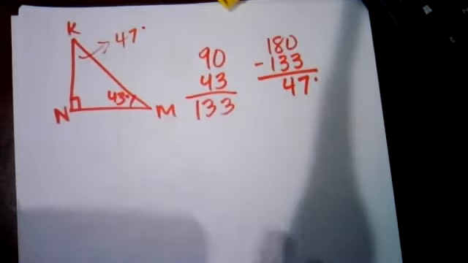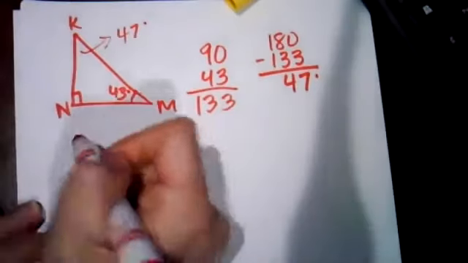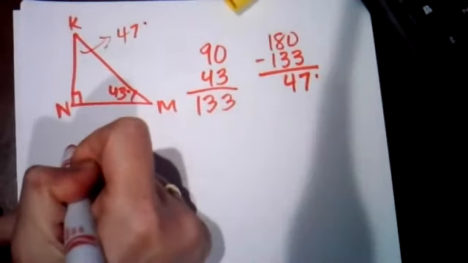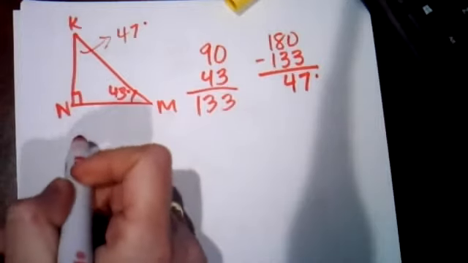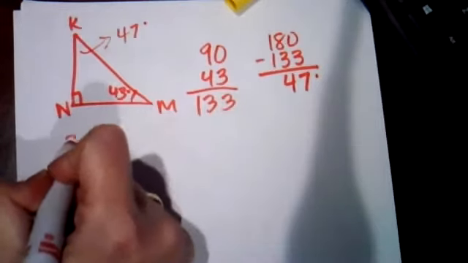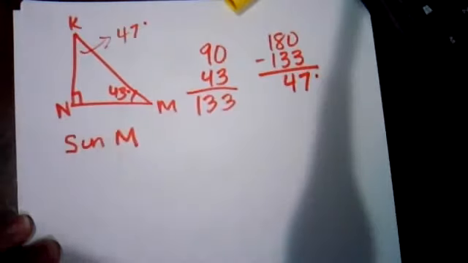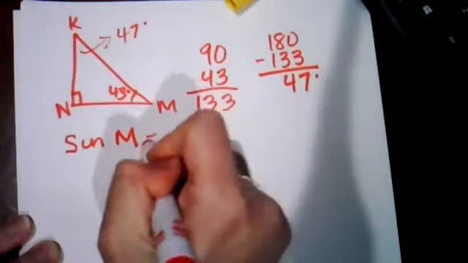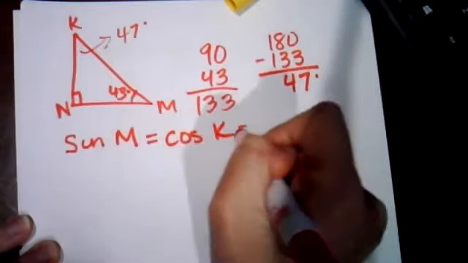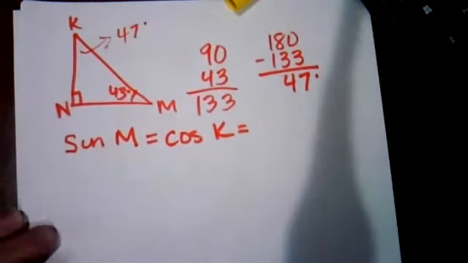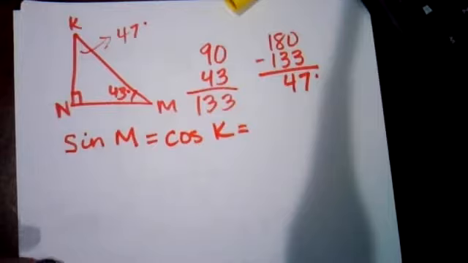So on this, let's say it's asking us for all the 6 trig ratios for each angle. Now remember, kind of like what you did on a homework assignment, if you have sine M, that's going to be the same as cosine K. So you don't actually have to do 6 different calculations.